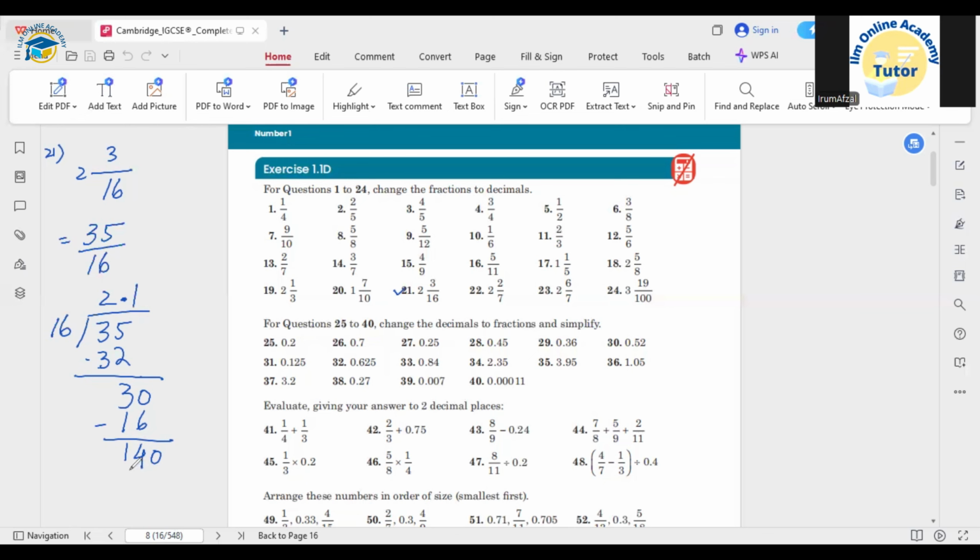Let's see. With 8, I'm getting 128. With 9, it's becoming bigger. Now 12 is the remainder. So accordingly, the decimal number that I'm getting is 2.18.